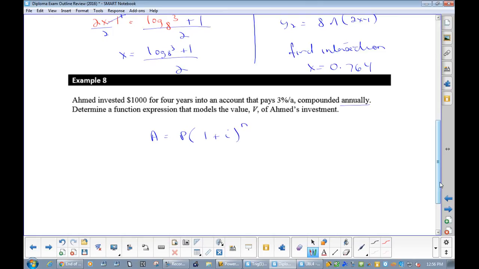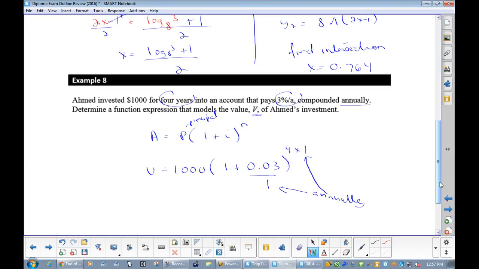So we have V, this is what we call the principal, the initial we put in. So we have 1,000 times 1 plus interest is 0.03, and we're going to divide that by 1 because annually. We got to remember that. N is for 4 years, and we're going to multiply by 1 because it's annually.